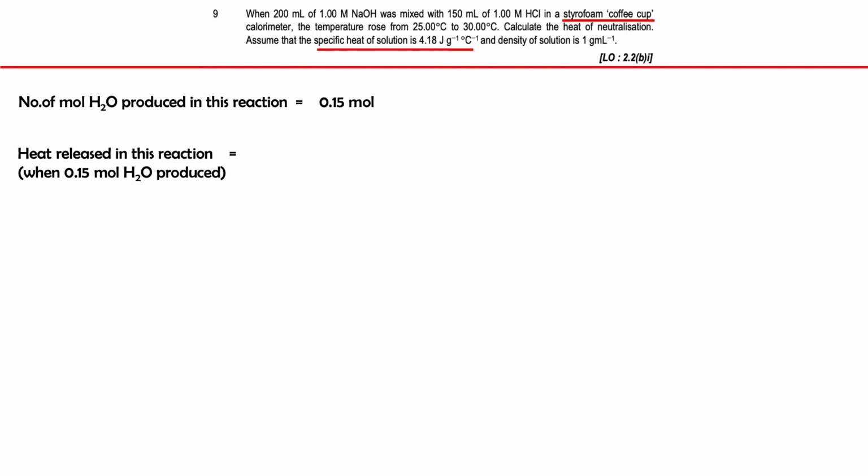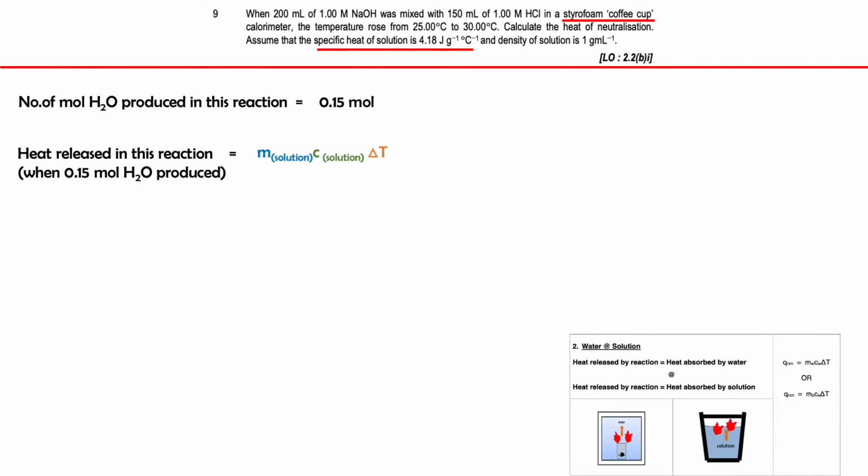We don't have any heat capacity or specific heat capacity for the styrofoam coffee cup, which is the calorimeter. Now, if we only have the data of the solution, assume that the heat released in this reaction will only be absorbed by the solution. So we apply mc delta T just like this.